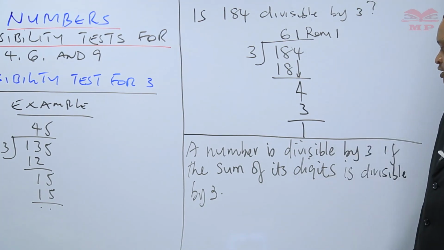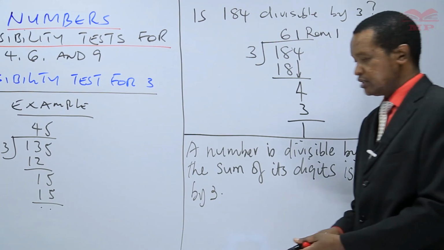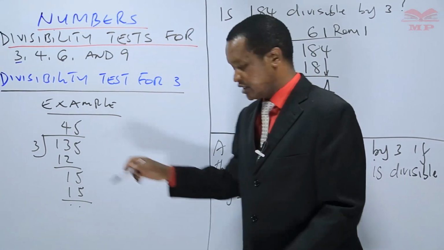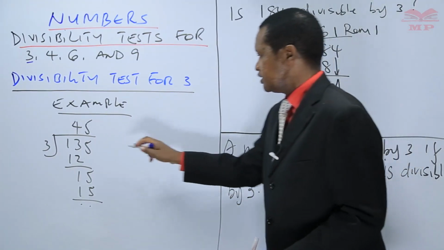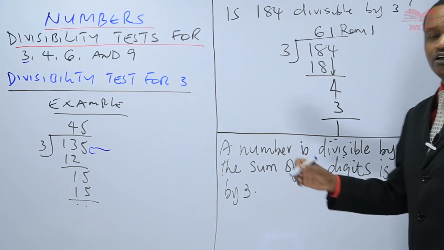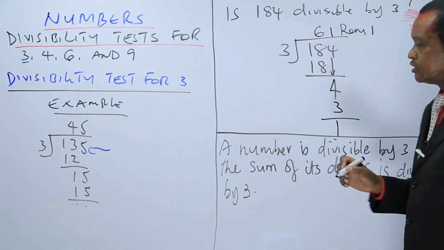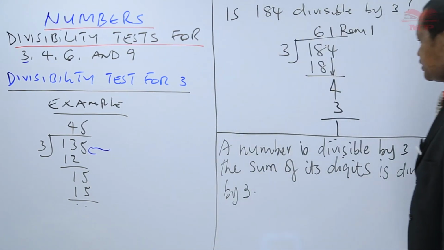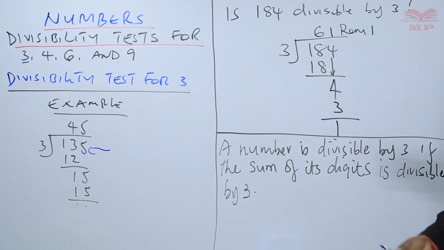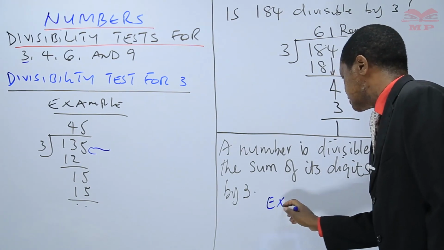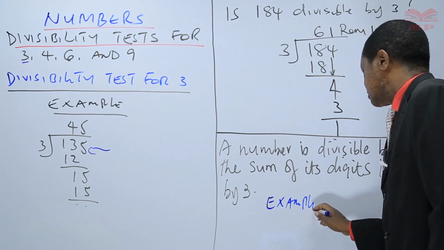And what do we mean by this? Let's use this first example, which we saw is divisible by 3. We said 135 is divisible by 3. So 135, what is the test that can be carried out without necessarily dividing?